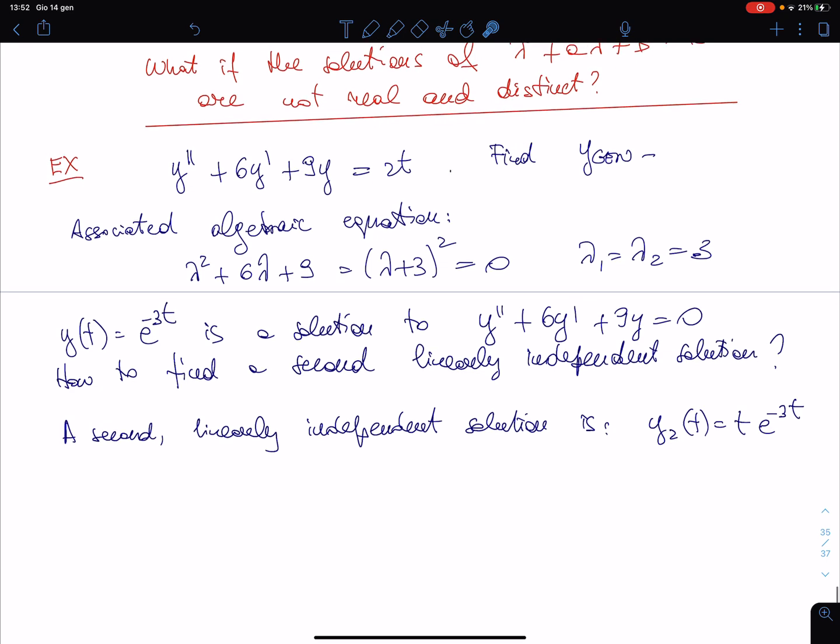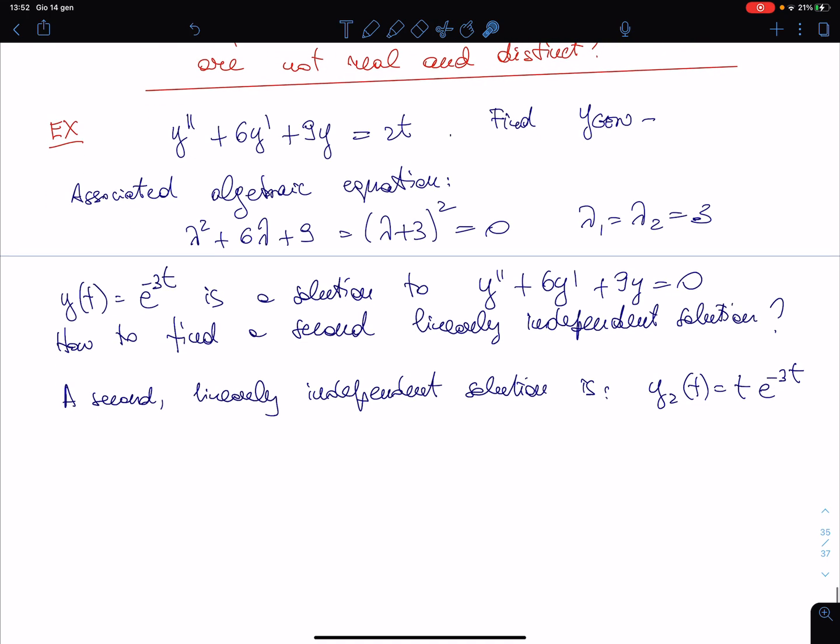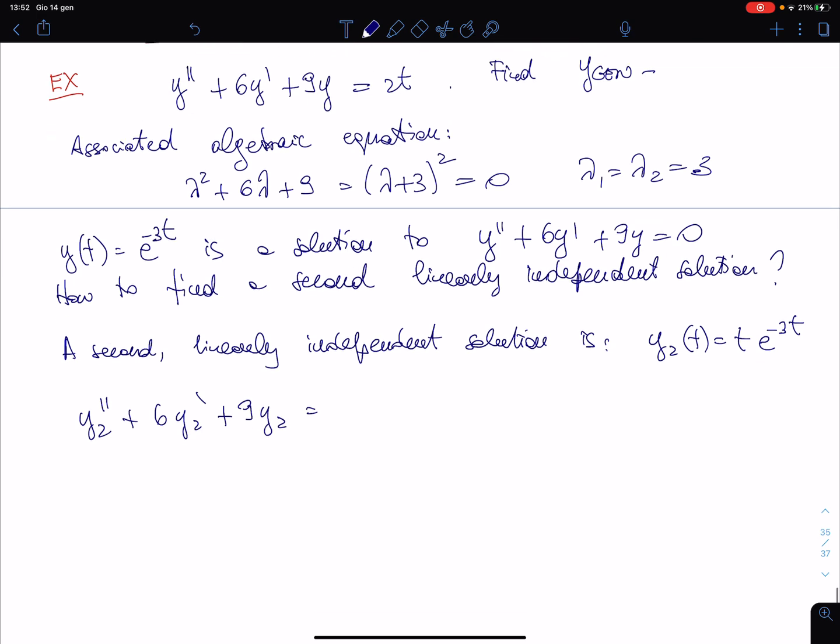So let us verify it. We have y2'' + 6y2' + 9y2. You differentiate y2 and you find e to the minus 3t times (1 minus 3t), to be differentiated again.